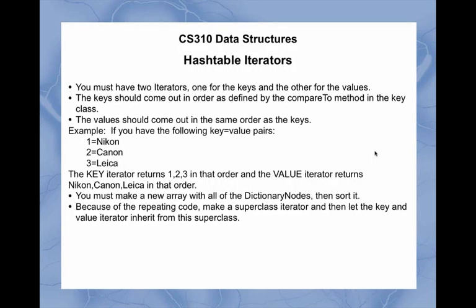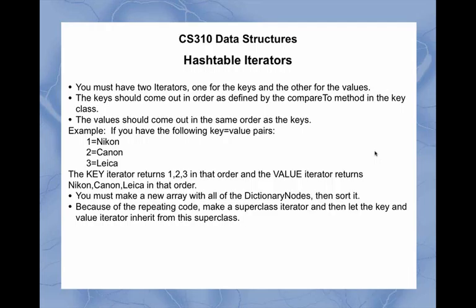A word about hash table iterators. We have a new situation with dictionaries now because the iterators are not just one kind of thing. We have keys and values. Therefore, we have key iterators and value iterators. Since we have two distinct iterators, we can't really implement the Iterable interface here. We also generally will have the requirement that the keys will come out in sorted order.